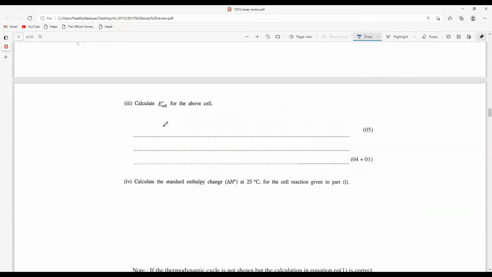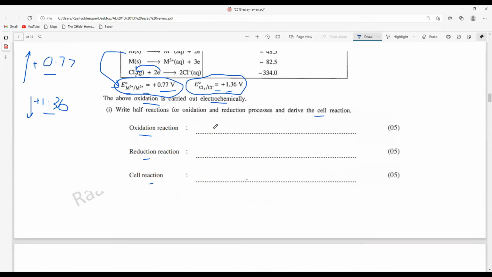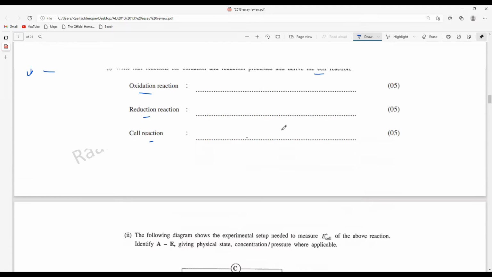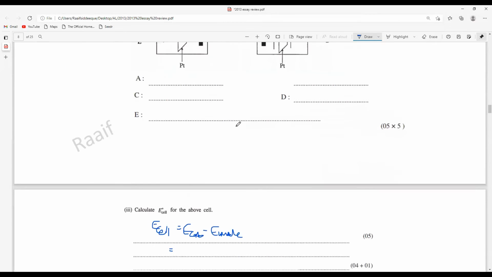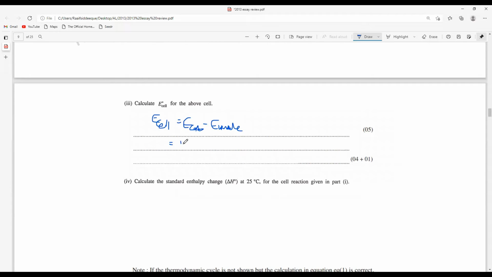So you can use the typical equation where E cell is equal to E cathode minus E anode. E cathode means the reduction half cell. We know the reduction half cell is chlorine, so its value is 1.36 volts.